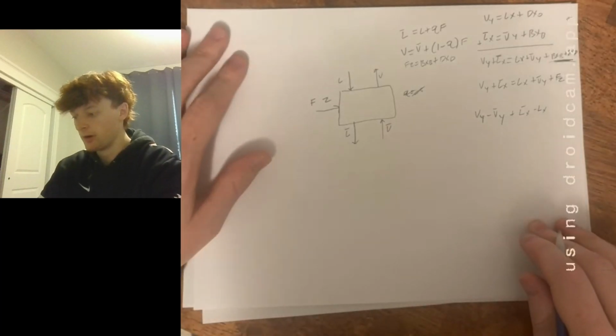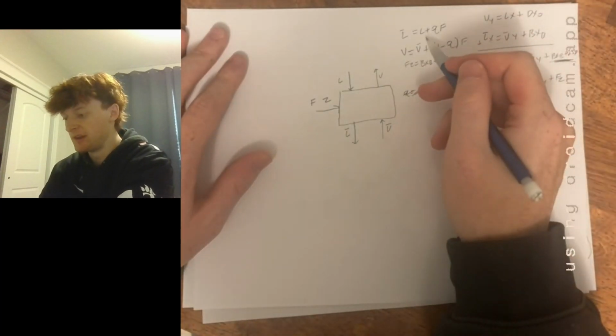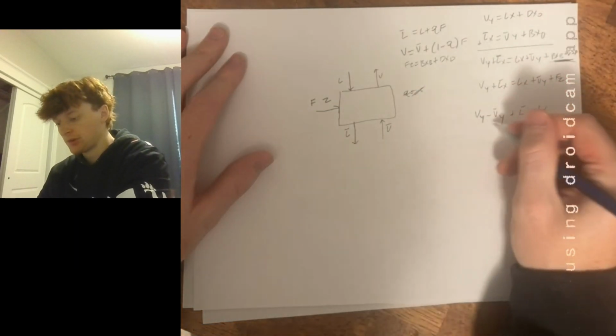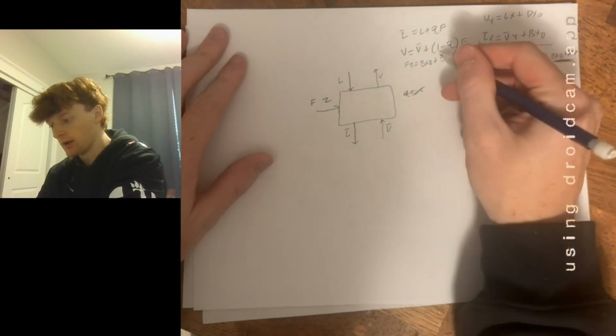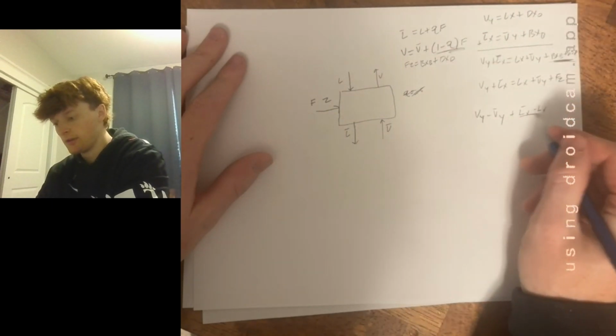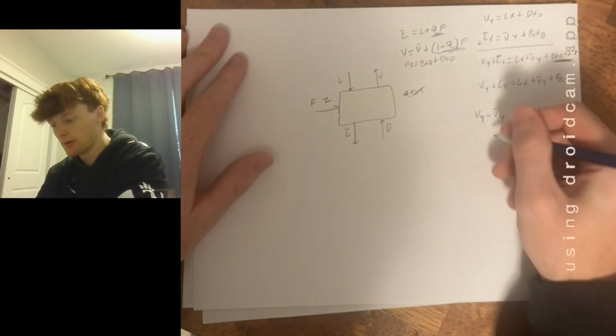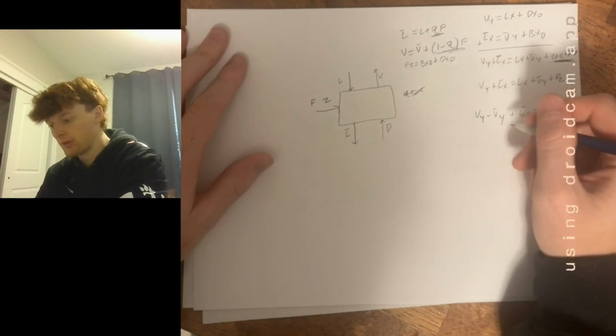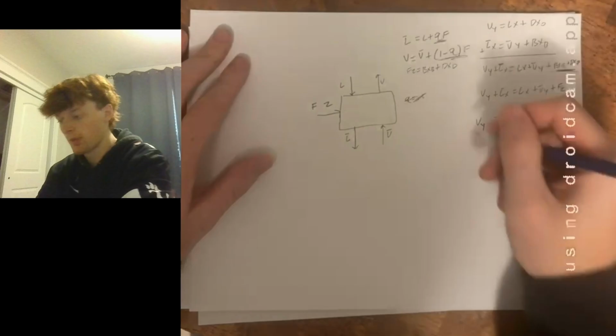Okay, and so we can look over here and we can see that we can make a substitution. So this right here is just going to be equal to this right here, and this right here is just going to be equal to our qF, and this equals Fz. Okay, so we can go ahead and make our substitutions.